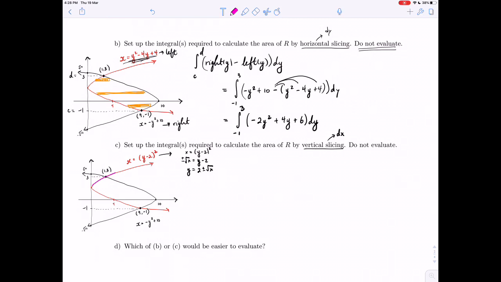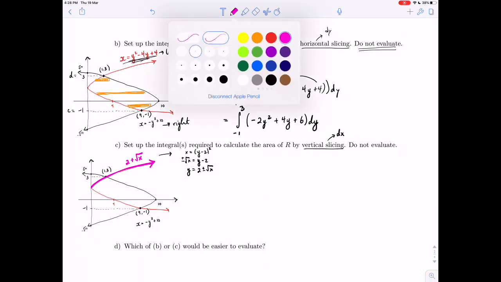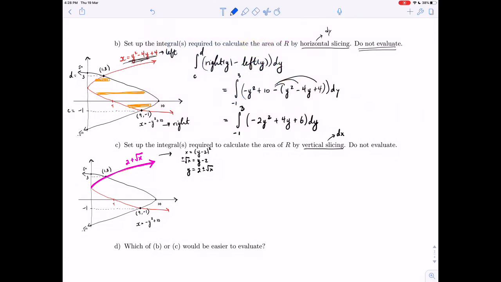Well, the positive root is going to be the top of the parabola. Let's change the labels here. So that is going to be 2 plus the square root of x. And the bottom root, down here, is going to be 2 minus the square root of x.